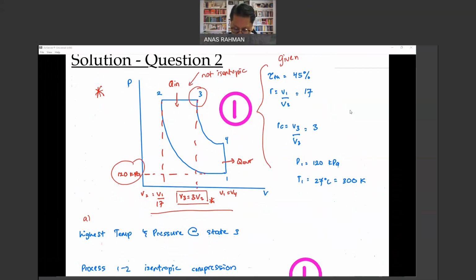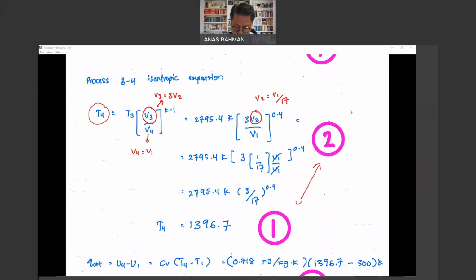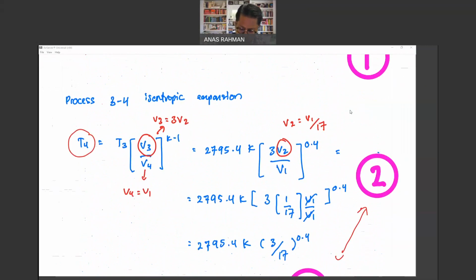So from here, we know V3 equals 3V2, and we know that V4 equals V1.